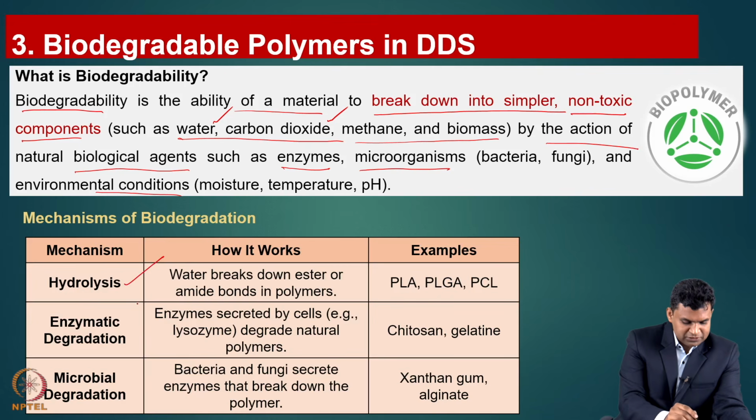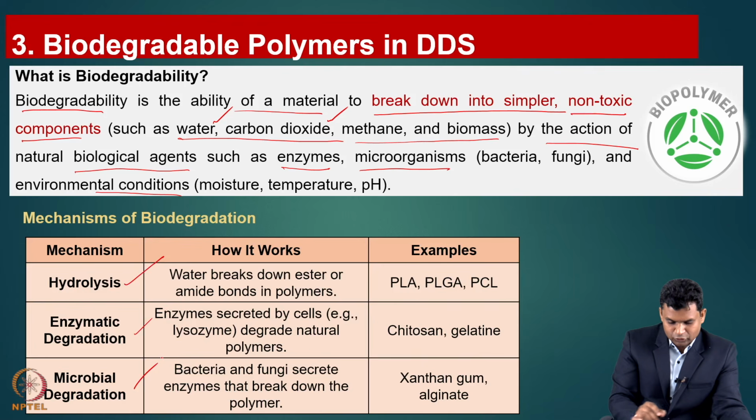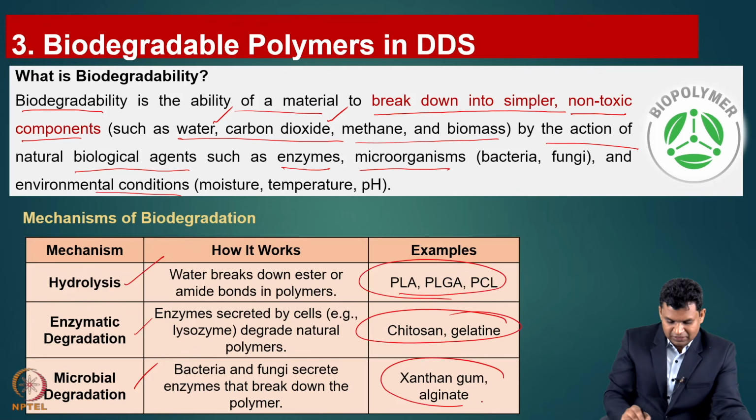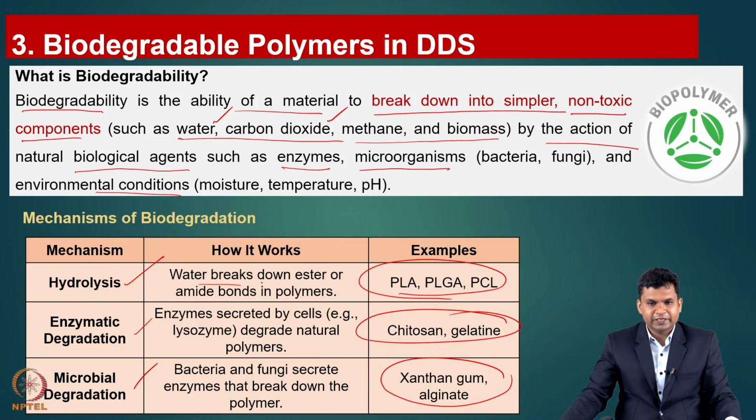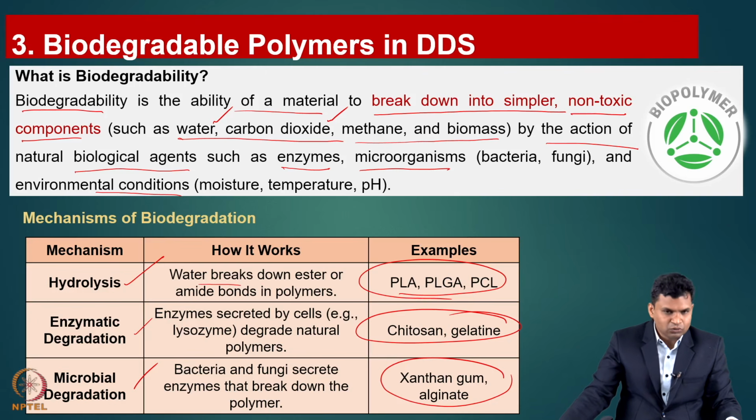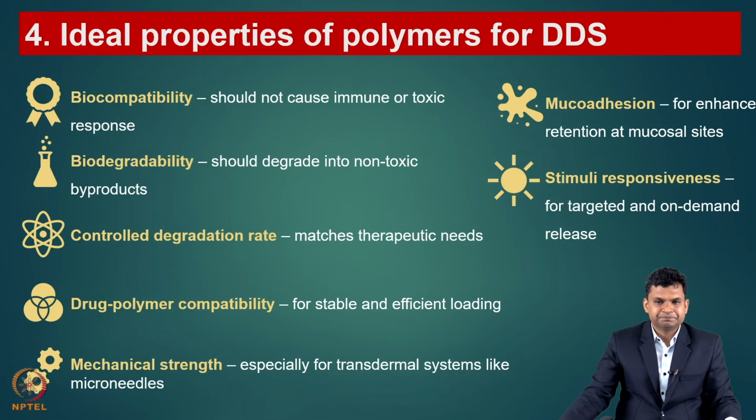So, hydrolysis, enzymatic, microbial, these are the various examples you can see here that will convert into water or carbon dioxide. Okay. So, here we can see synthetic, semi-synthetic, all types of polymers undergo biodegradation.